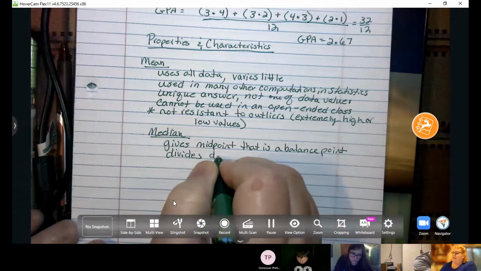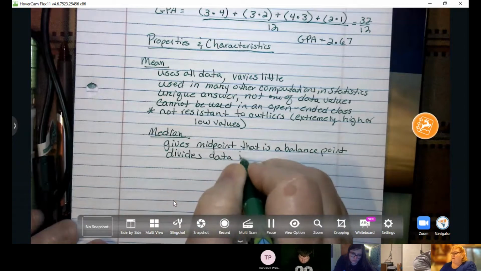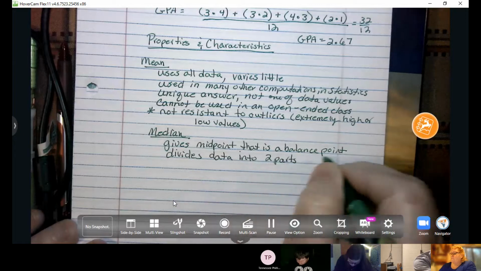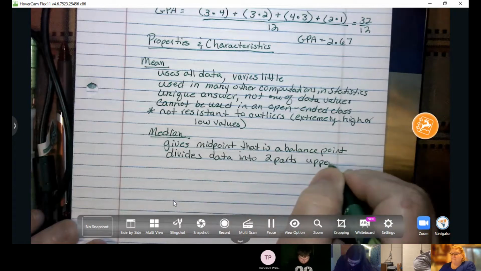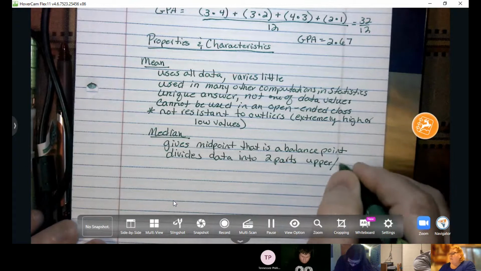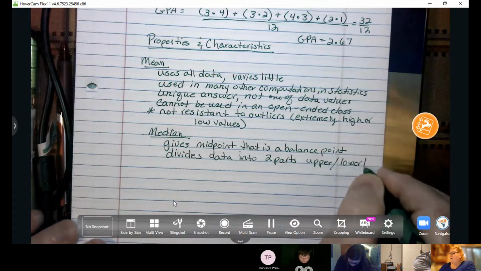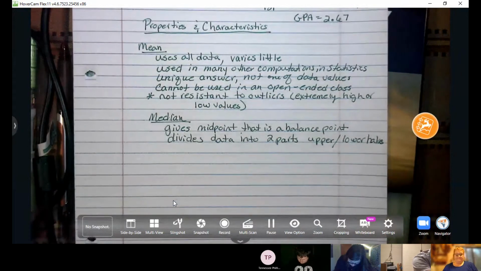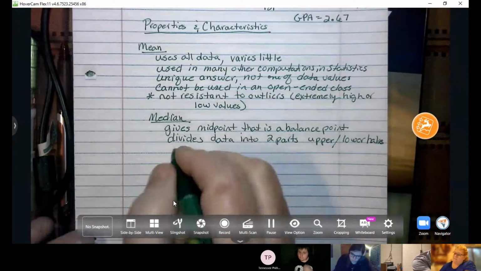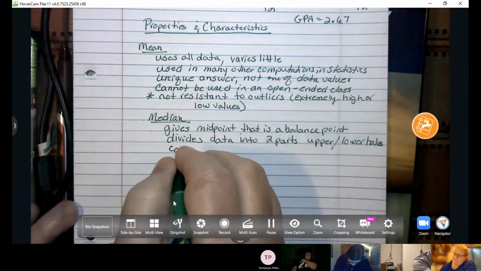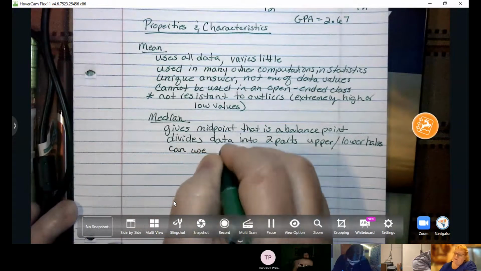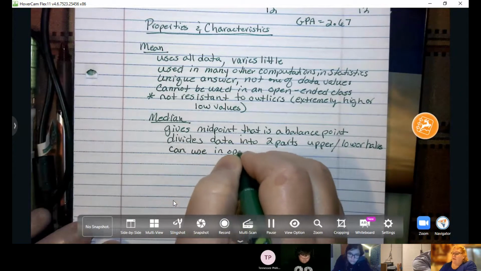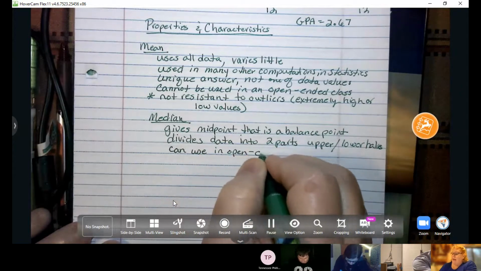It divides your data into two parts, the upper and the lower halves. You can use this calculation in an open-ended class.